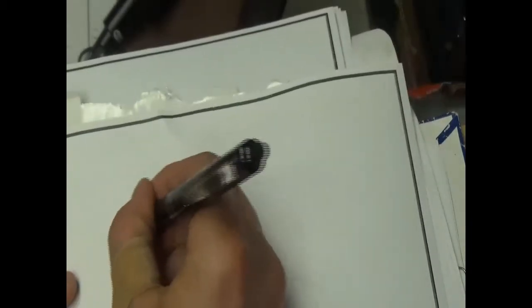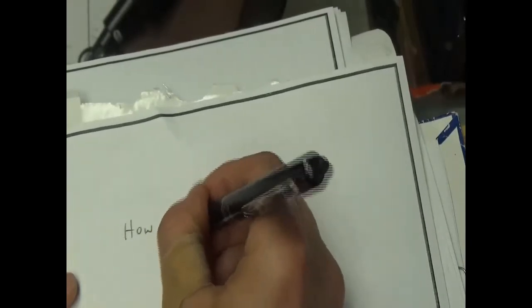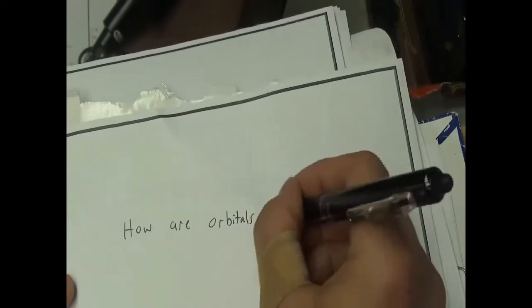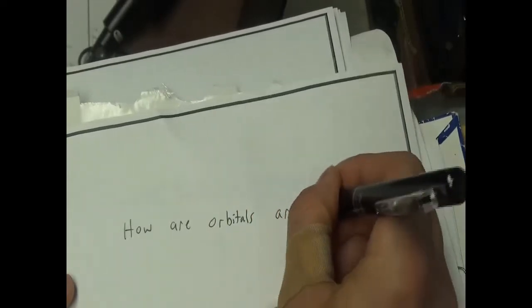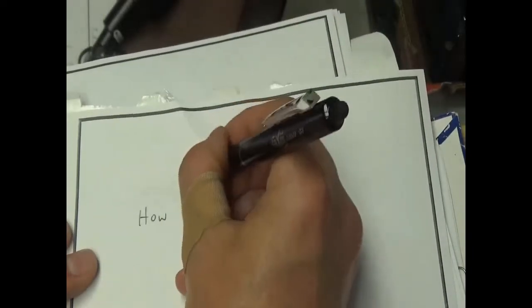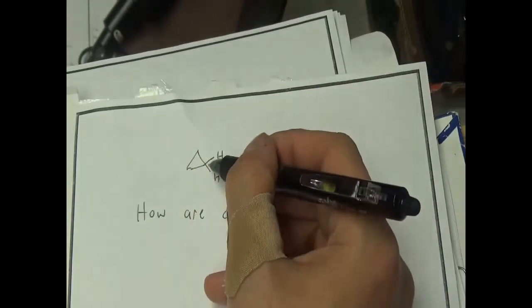All right, so when you think about cyclopropane, how do you think the orbitals are arranged? Because what is the hybridization of these guys? Each of them is a CH2, right? So there's 4 things on the carbon, right?